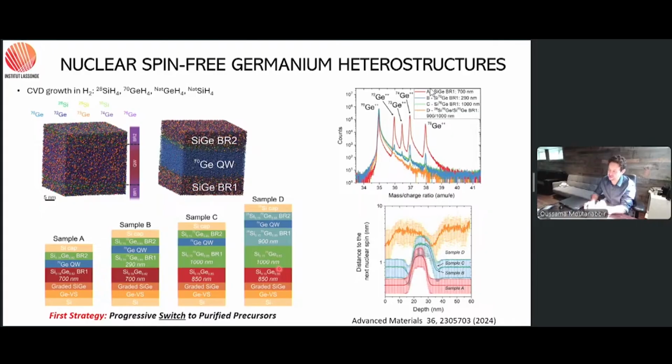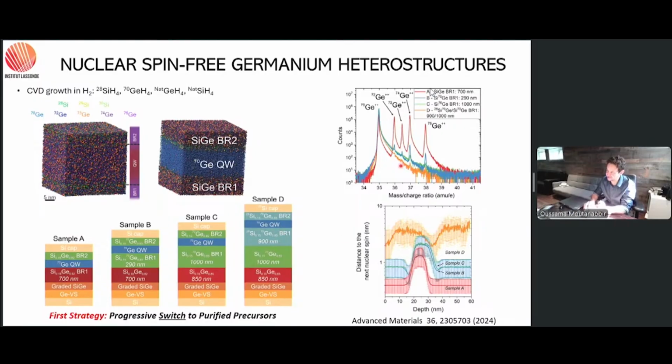Here, for 2 microns, we start growing without natural germane. So you see germanium-70, germanium-73. We grow 2 microns, but since we grew silicon germanium with natural precursors before this 2 microns, the reservoir effect from this growth in the reactor was not eliminated, even though we grew 2 microns.